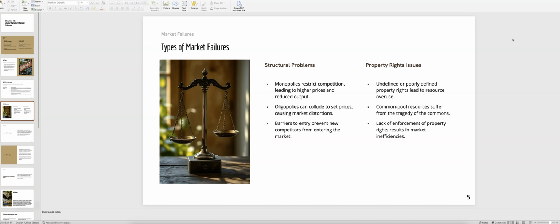So I should be super enthusiastic about catching as much fish as possible because if I don't, someone else will. And that's what happens with common pool resources, is that there's no incentive to conserve that resource.